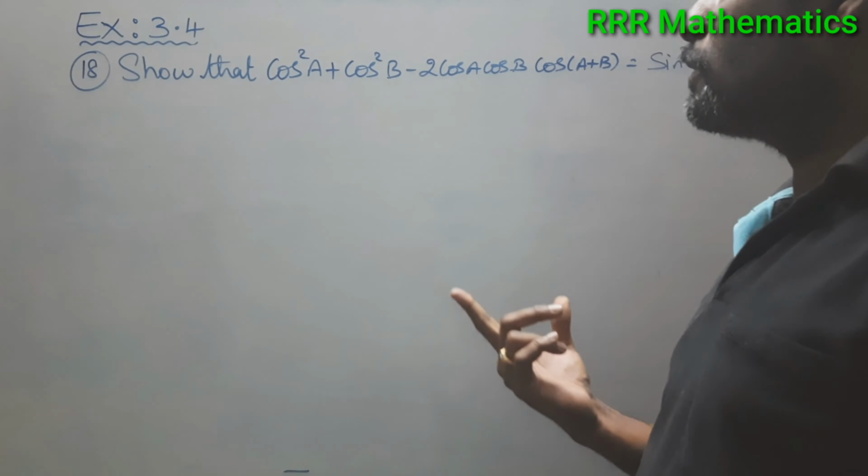So I can write like this. Check it out: sin a cos b plus cos a sin b whole square.